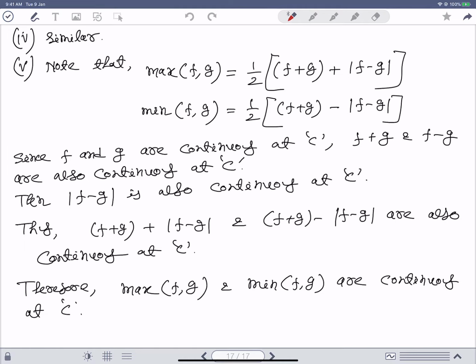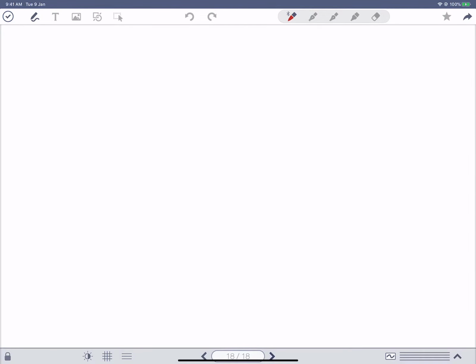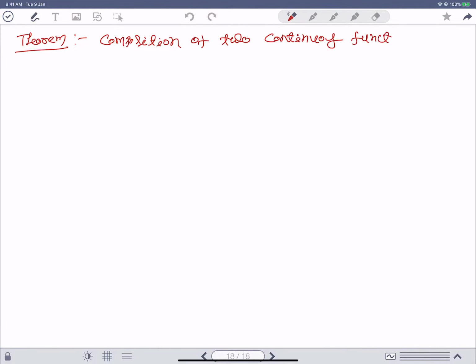Now there is another interesting property of continuity: the composition of two continuous functions is also continuous if the composition is defined.